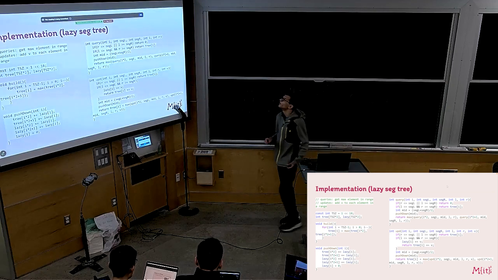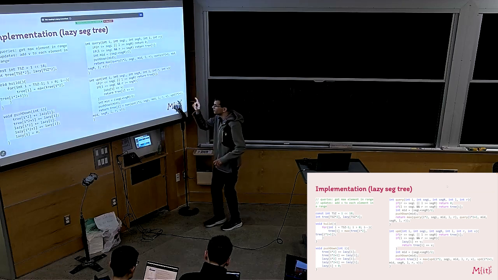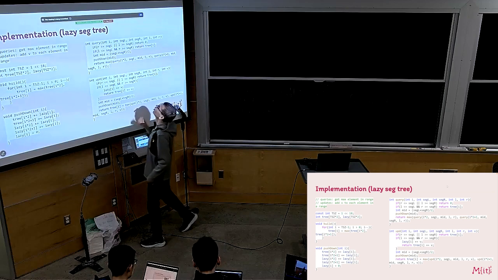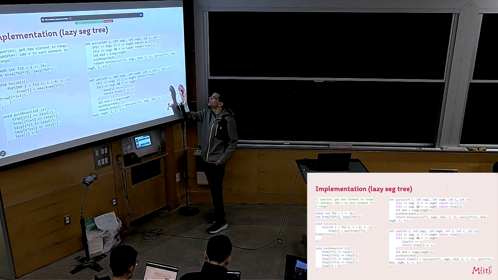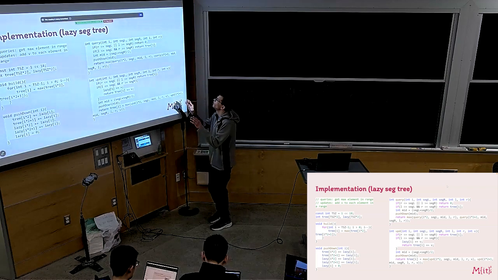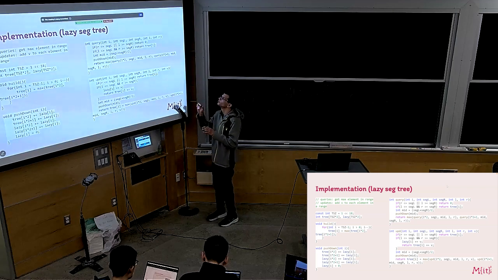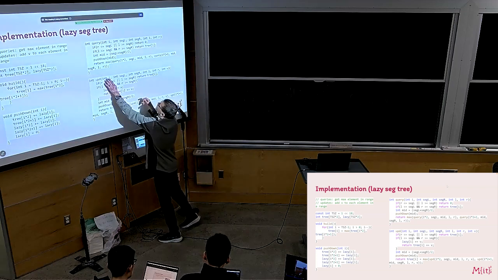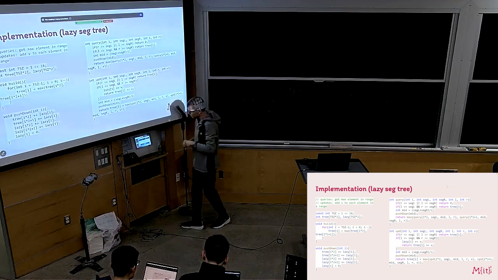Okay, the query function is identical to what it was before, except now we have a pushdown call. That's not correct. We have a pushdown call in the middle, and the update function was changed a bit, but the update function now looks extremely similar to the query function. It also takes in a segment, the endpoints of the segment, and the endpoints of a range.